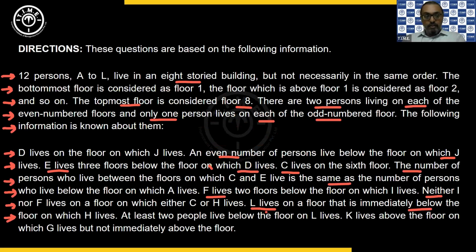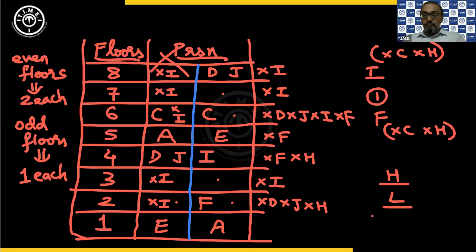Let's check further. And he says at least 2 people live below the floor of L. So he says minimum 2 persons should be there below L. Then obviously you cannot have L and H in 3 and 2. So you can have H in the 7th and L in the 6th so that minimum 2 people are there below L. Excellent.